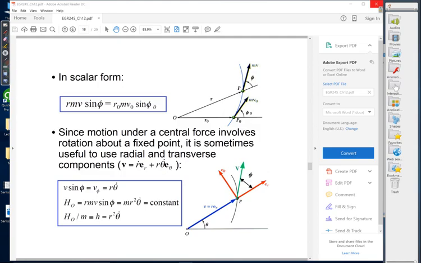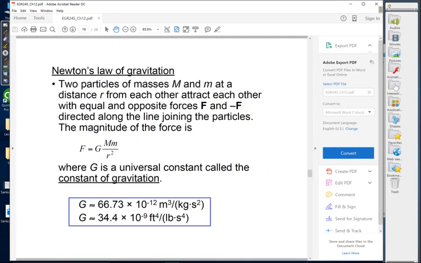So the way we're going to derive that, first, is we need to make use of Newton's law of gravitation. We all know that Newton came up with 3 laws of motion, right? The first law, second law, third law. But it's important to realize that Newton also came up with a 4th law, the law of gravitation.